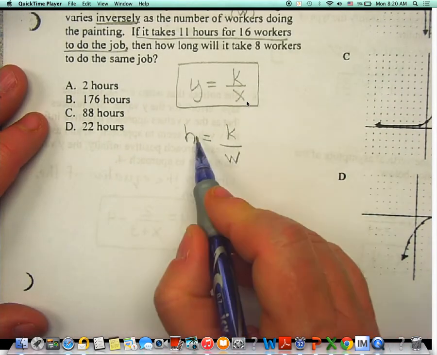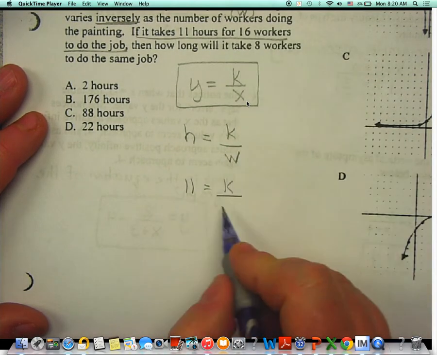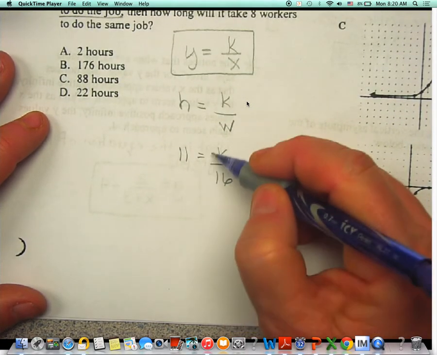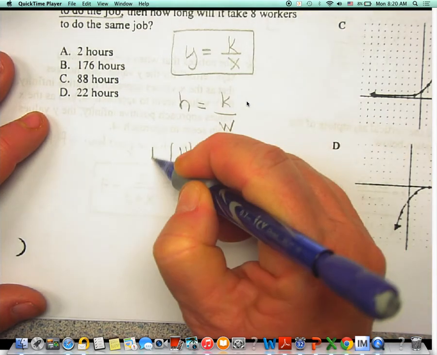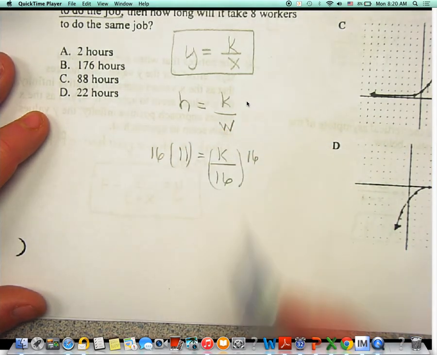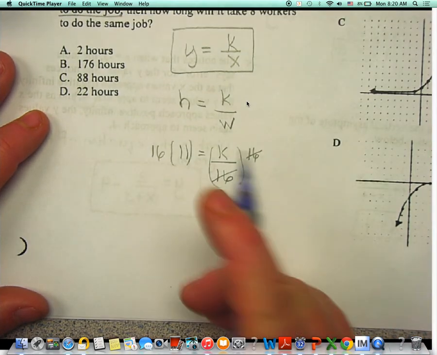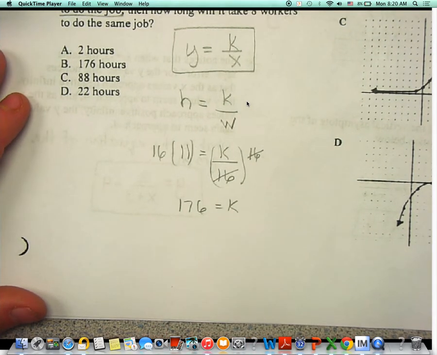We're going to plug in 11 for hours and 16 for workers, and that's going to help us find K. So multiply both sides by 16. 16 times 11, 176. Okay, so K is 176.